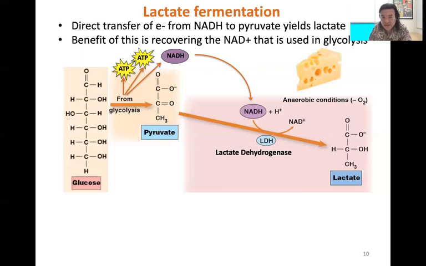So you're not going to be able to get more ATPs out of this pyruvate without the help of oxygen. But what you can do is you can use lactate dehydrogenase to take that filled electron carrying coenzyme, empty it out, get those electrons back onto the pyruvate, turning it into lactate, and you've freed up the NAD plus to go back and help out with more glycolysis. Pretty clever, right?